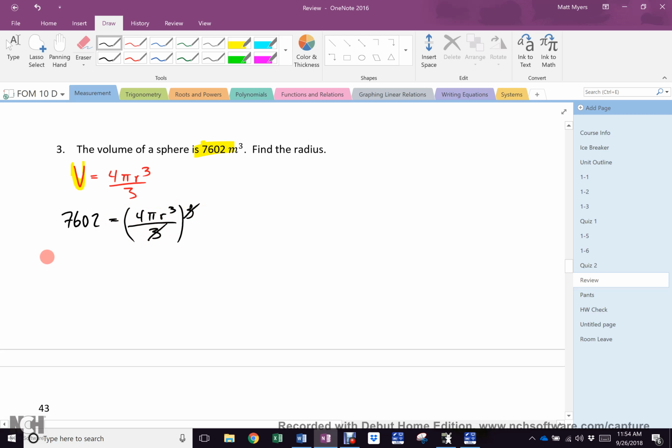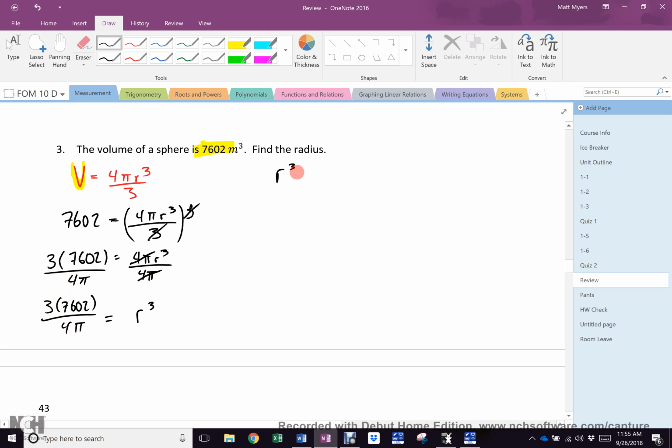Gone, gone. 3 times 7,602 equals 4 pi r cubed. How do I get rid of times 4 and times pi? I divide by 4 pi. Gone, gone. R cubed equals 3 times 7,602 divided by 4 pi.